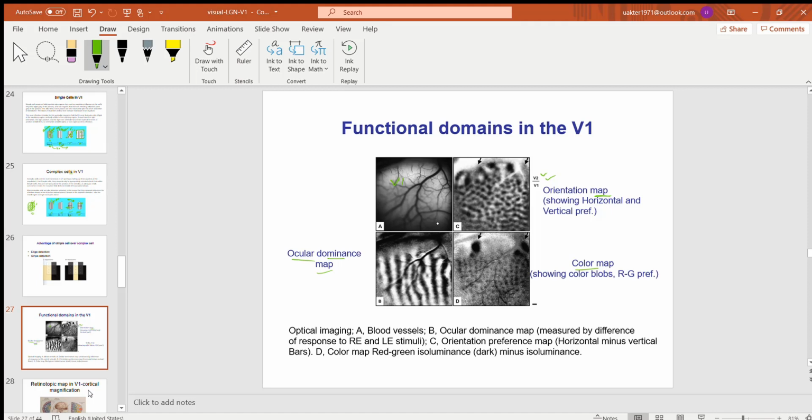So how did they study this? They recorded the activities of the neurons and presented the object in two different orientations. When they presented the object in vertical orientation, they saw one group of neurons excited. So certain areas of V1 are excited, and other areas are inhibited. When they changed to horizontal orientation, the other areas were activated, but the previous areas were inhibited.